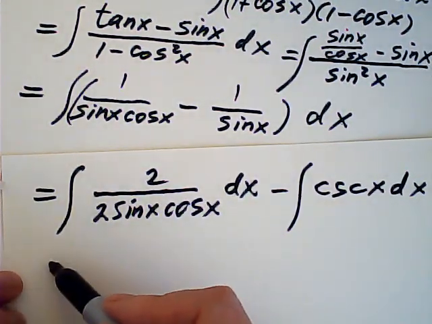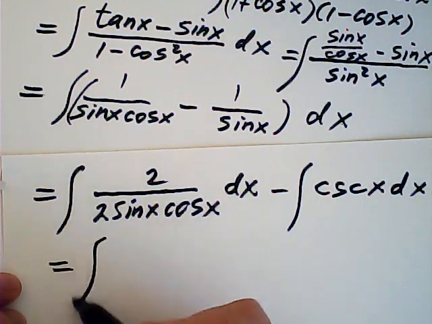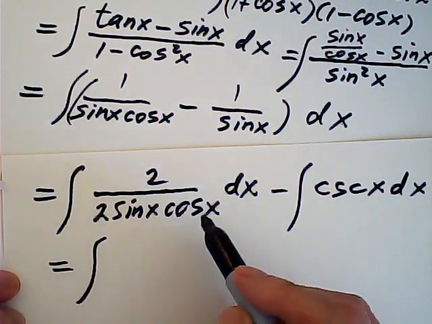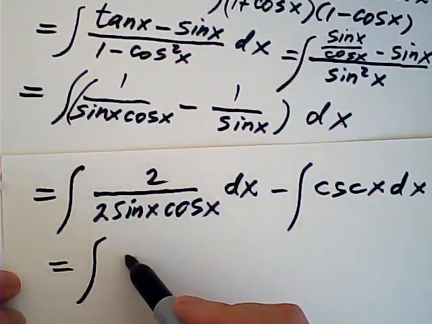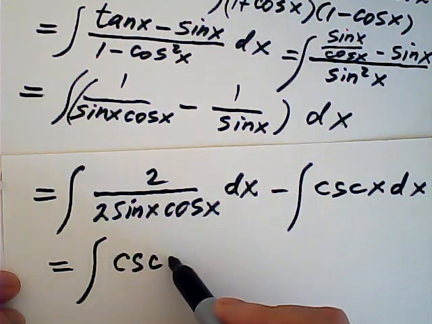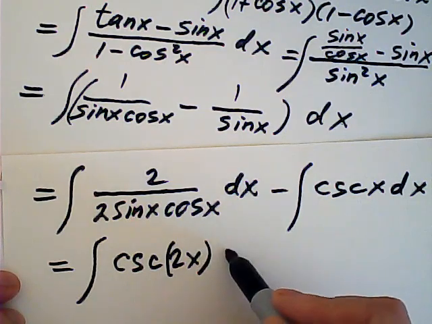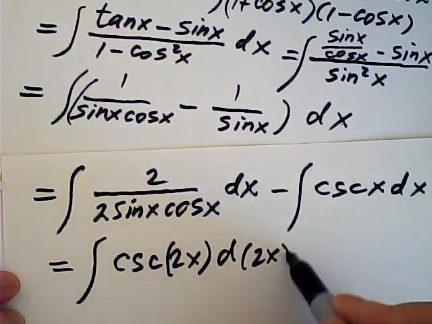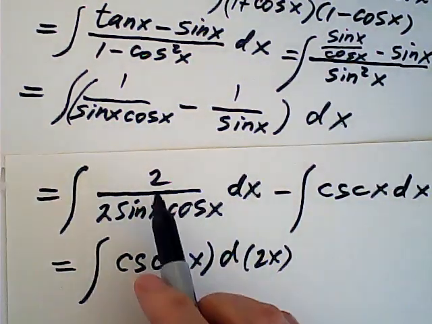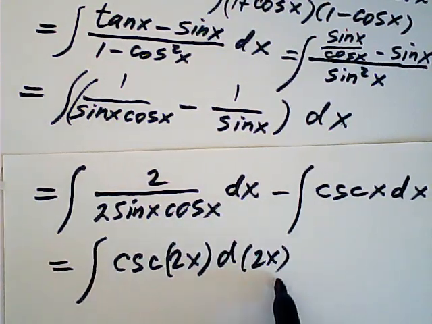So this will be cosecant 2x d2x. 2 dx is this.